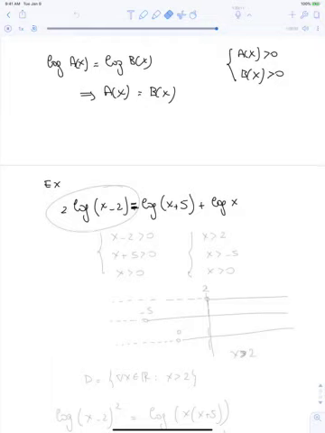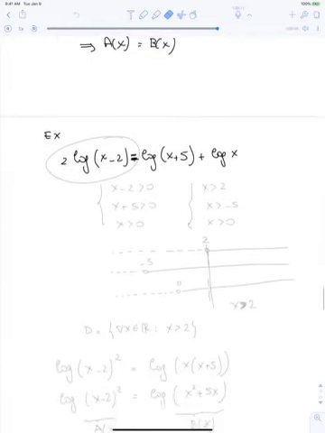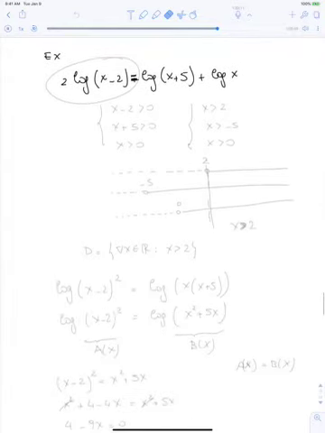Now here we're going to use the three rules that we saw before. So on the left side, we can say that this is the log of x minus 2 power 2 equal to the log of x times x plus 5.